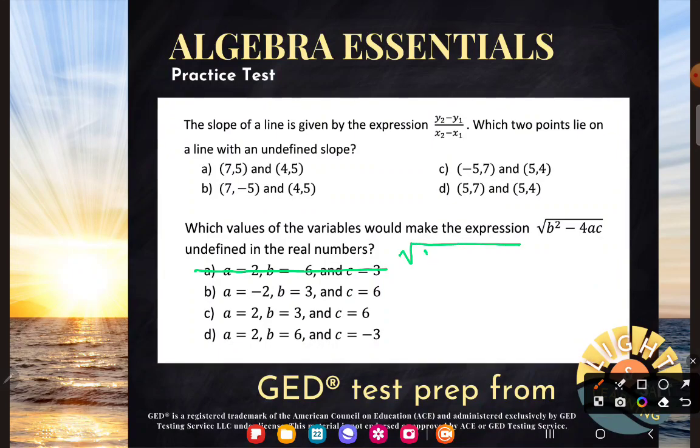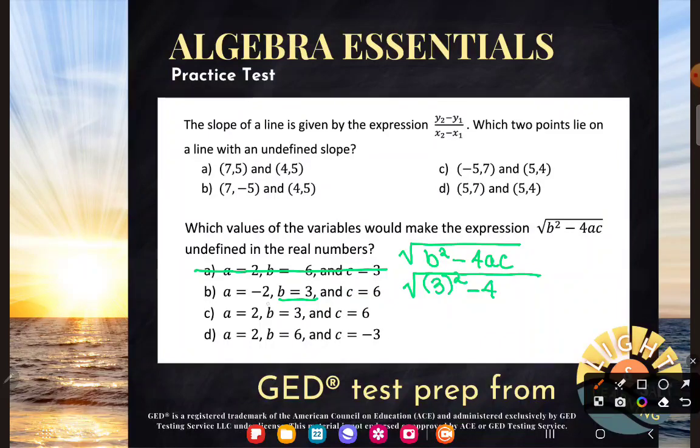Okay, next one. Again, we're going to do b squared minus 4ac, and I'm testing these a's, b's, and c's to see which one gives me an undefined expression. So plugging in the b, that's 3, and I'm squaring it. It really doesn't matter if I use the parentheses when it's a positive number, but it's just a good habit to have since it matters so much when it's negative.